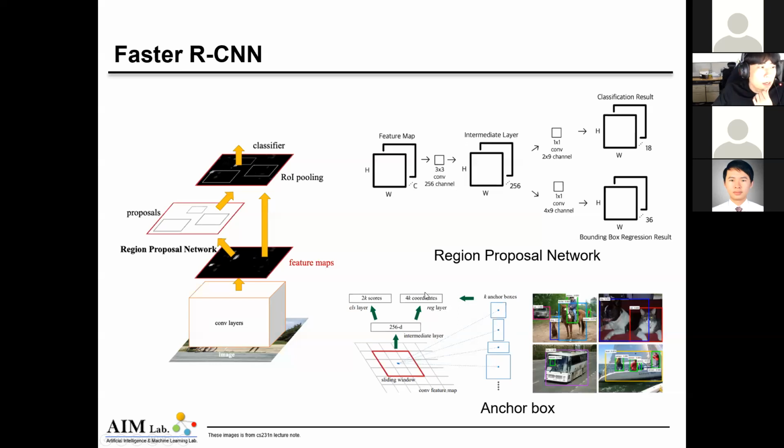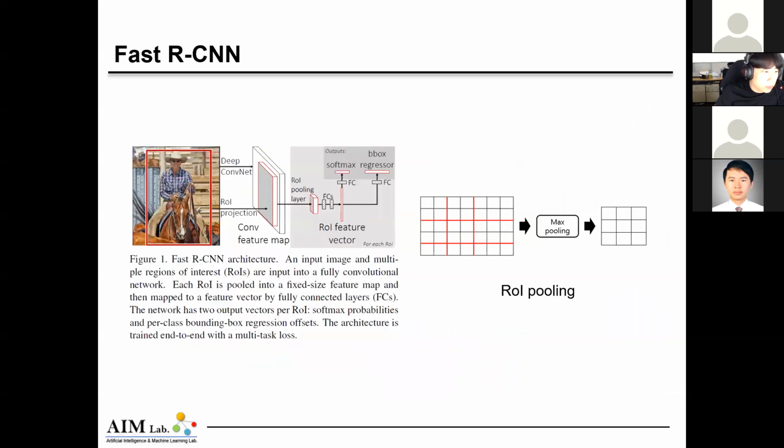And then from this region proposal network, they take the boxes proposed by the RPN, and they also use the same thing as Fast R-CNN, that means RoI pooling.